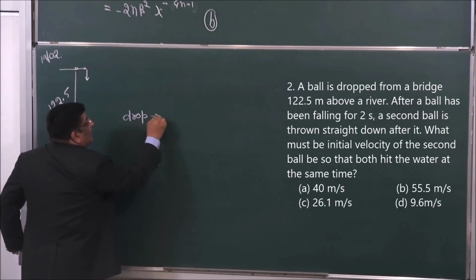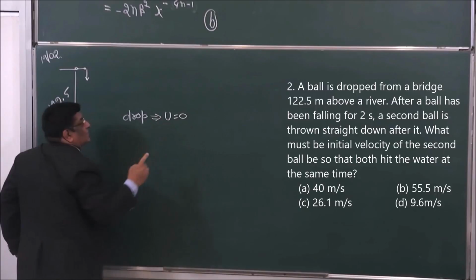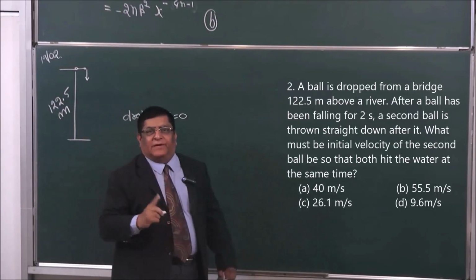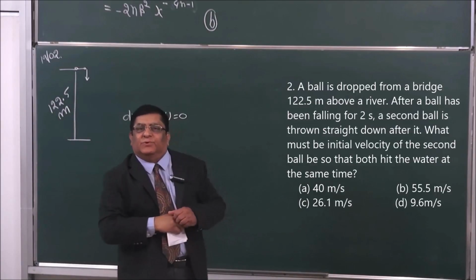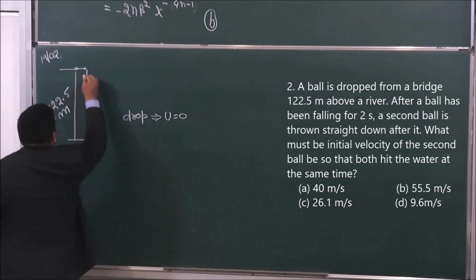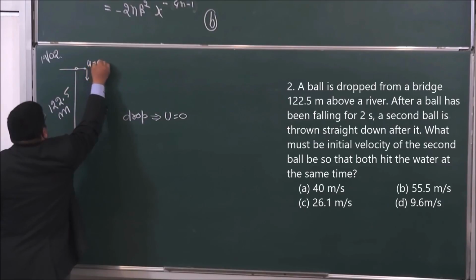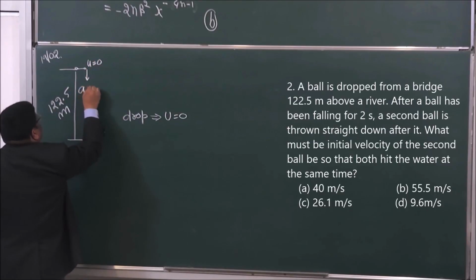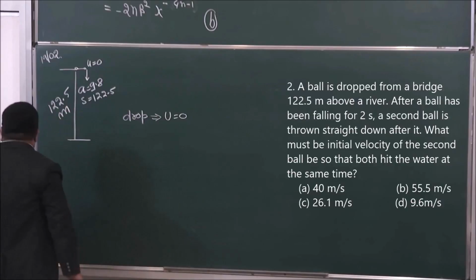Answer is we get u is equal to 0. Remember, whenever you find the word drop, it means u is equal to 0. So one ball is dropped from here, u is equal to 0, and how much is the acceleration? 9.8. And how much is s available? 122.5. Okay, these are the quantities which are known to us.